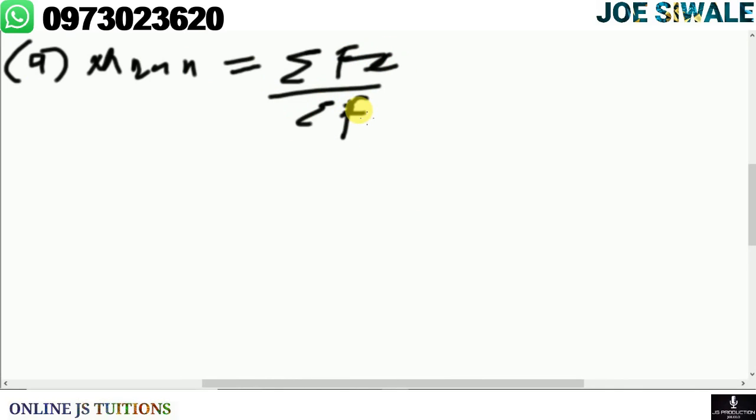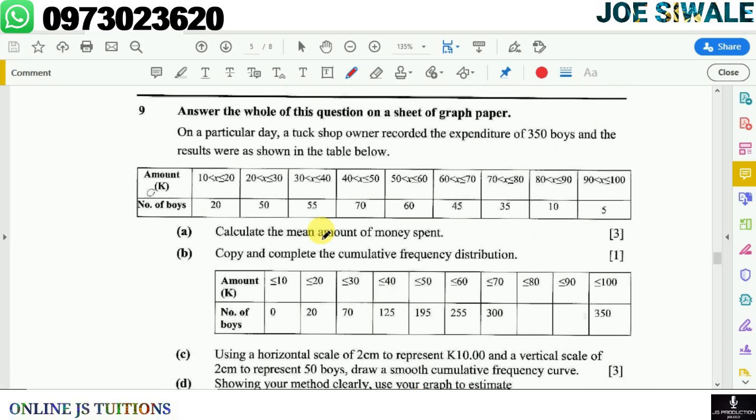But it is first important to identify if this information is grouped data or ungrouped data. So this data is grouped data. For us to calculate x, which is the midpoint, we add the two numbers, then we divide by 2. So for the first one, 10 to 20 divided by 2, that's 15.